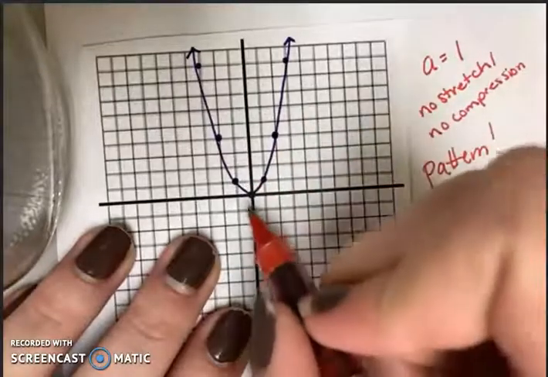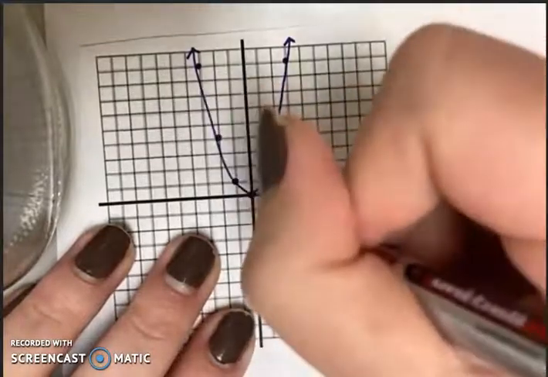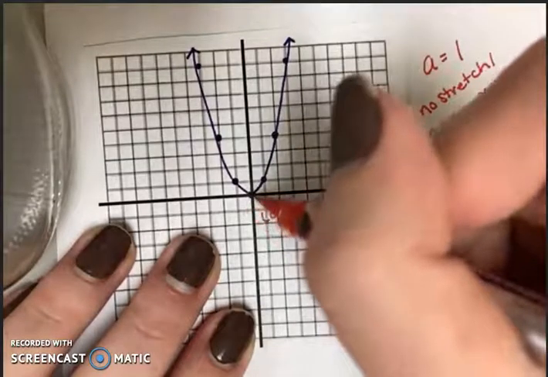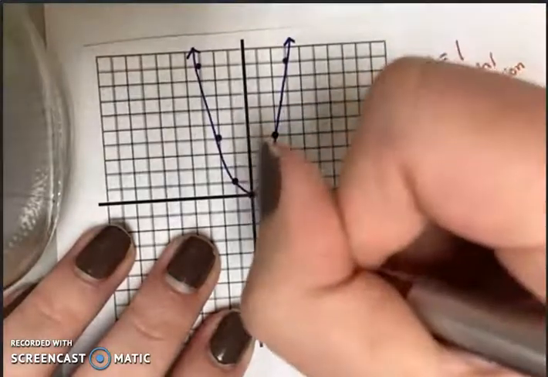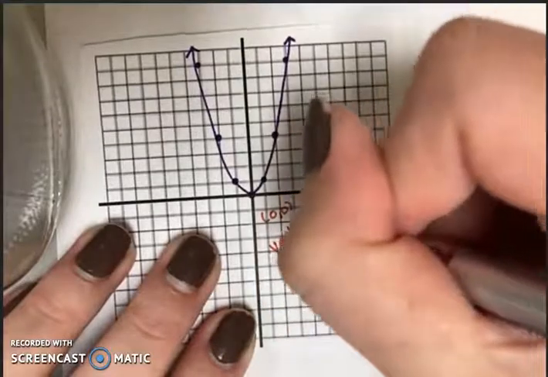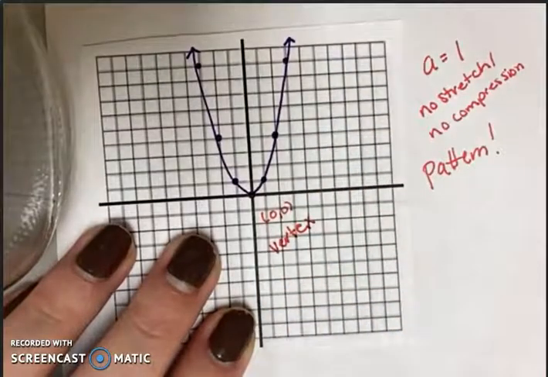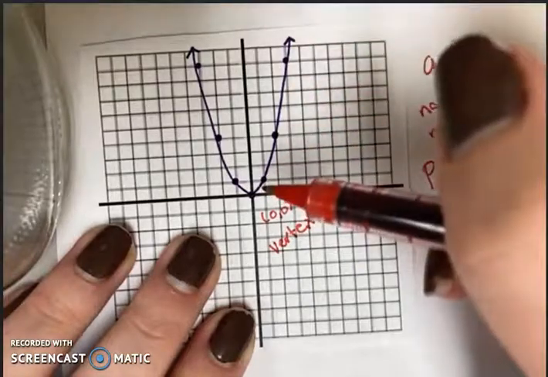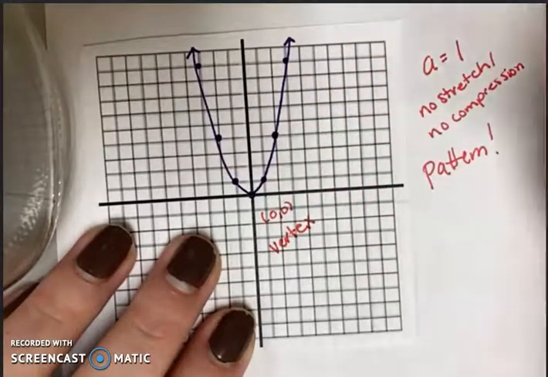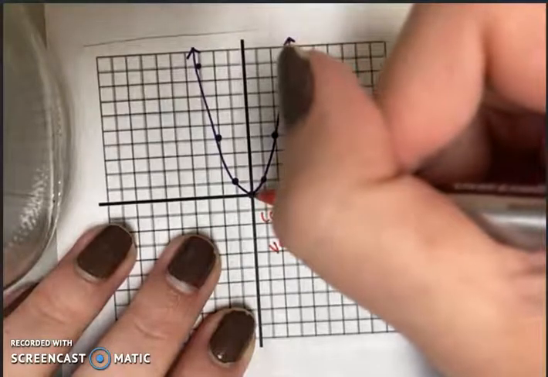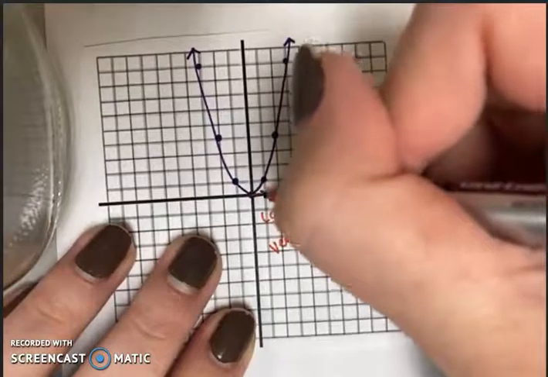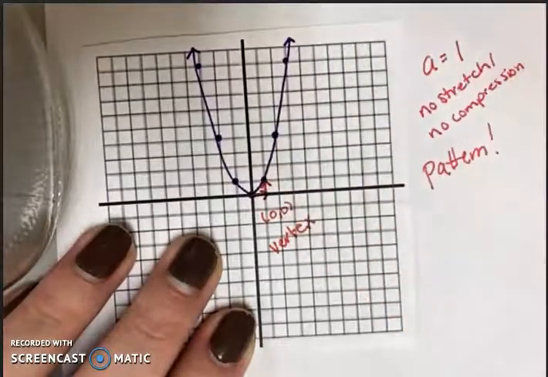Now we're going to start off right here at the point 0, 0. 0, 0 is what we call the vertex of the parabola. A vertex is either the highest or lowest point on the graph. So starting at the vertex 0, 0, to get from this point to this point, I need to move right 1 and up 1.